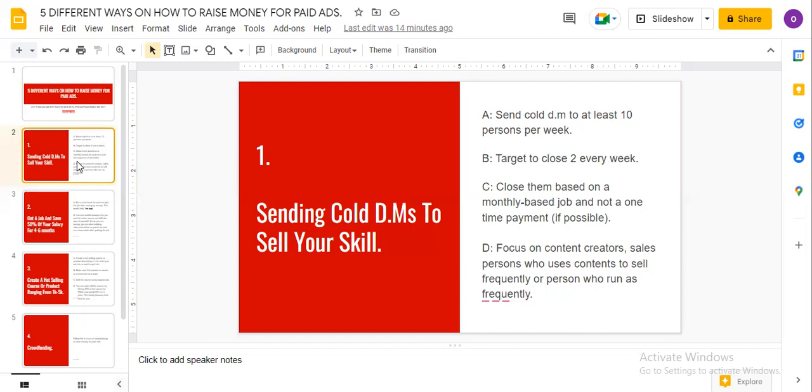Now, before you send cold DM to this person, make sure that you have studied them and you've discovered that they really need your skill and your service. Now, don't send cold DM to somebody because you feel the person needs your skill or your service. No, make sure that you have studied their content, their ad, everything about them, what they are posting on their social media platform, and you discover that, oh, this person will actually need this particular skill or service.